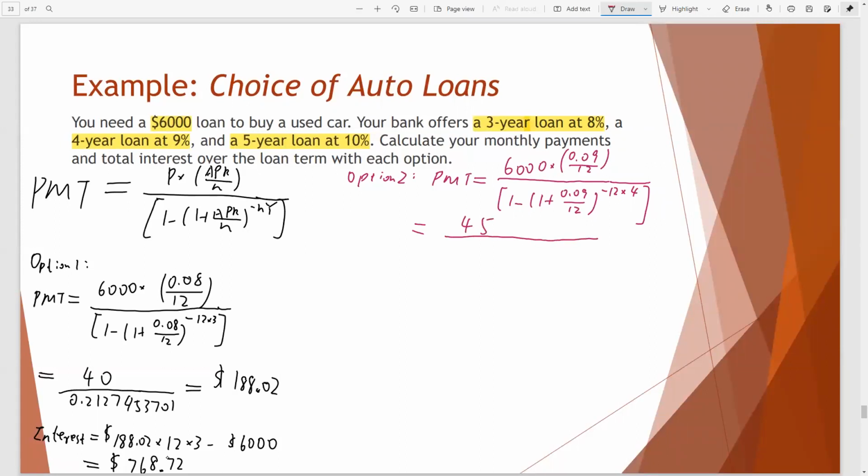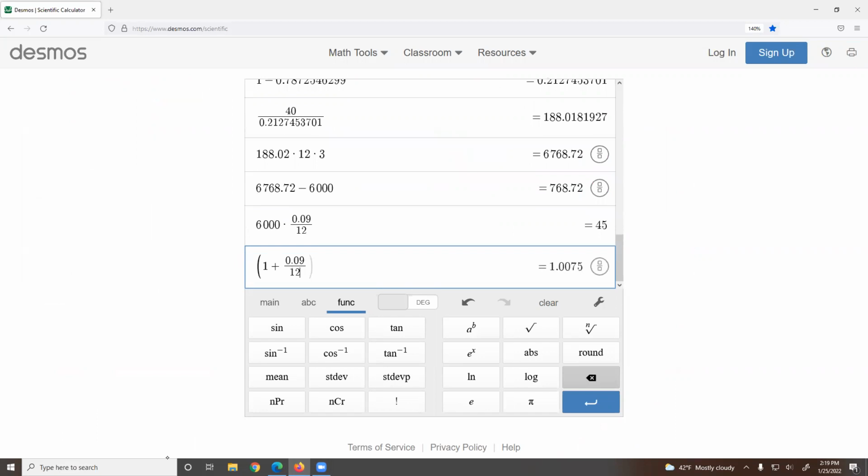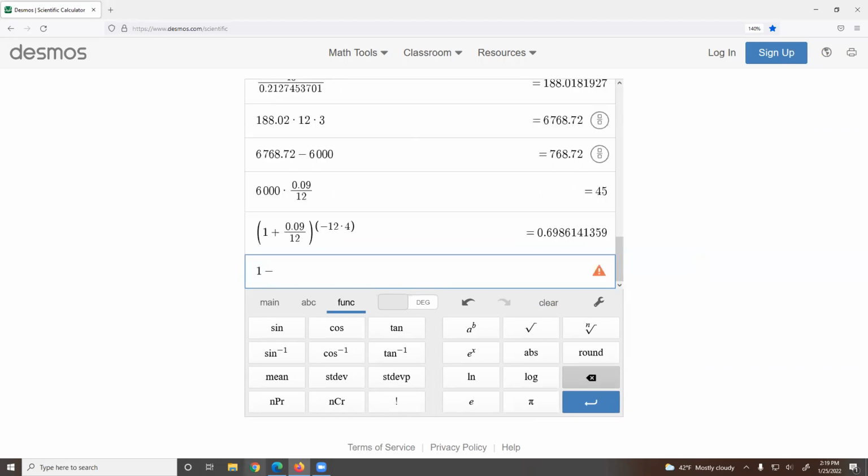And the bottom, we could just have a number, right? 1 plus 0.09 divided by 12 raised to the negative 12 payments for 4 years, and 1 minus this number.